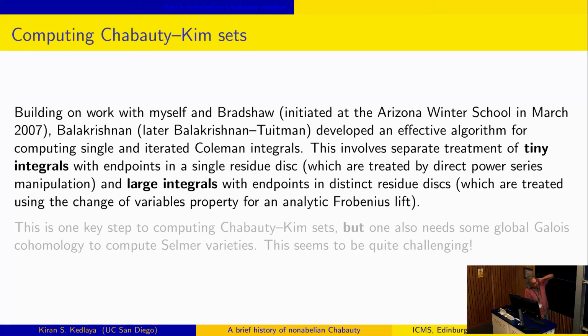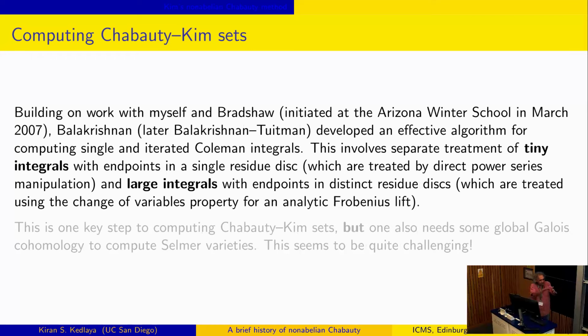The key feature I want to isolate, because I'm going to refer to it later, is that this involves separating the situation where you're integrating between 2 points that are close together, i.e. they live in the same residue disk. We like to call these tiny integrals, and these are the ones that you don't need Coleman's theory for. You just expand in power series and integrate, and it works.